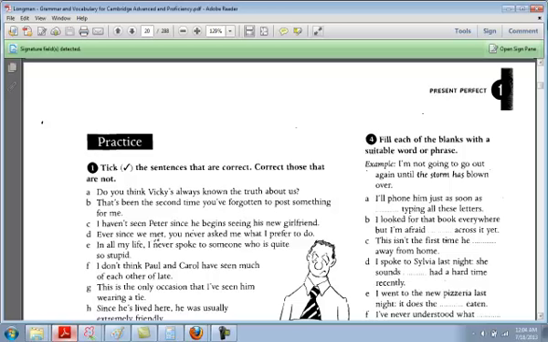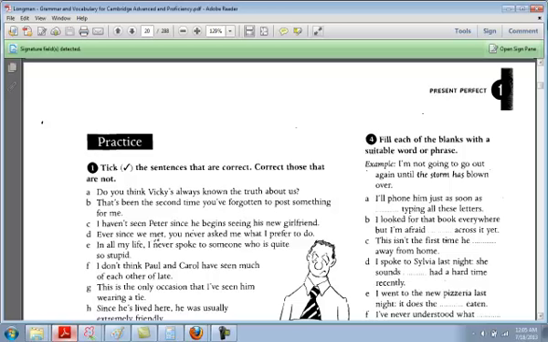Now, we have just seen that when we have the construction it is the first time, second time, last time, or express how often a situation happened in the past, we use present tense plus present perfect. So that is the second time. It's correct. Okay, that is the second time you have forgotten to post something for me.